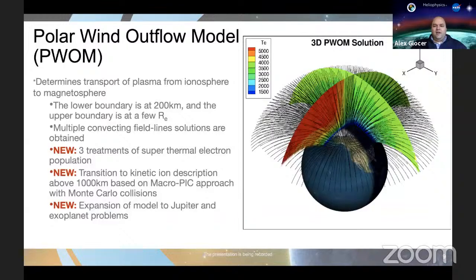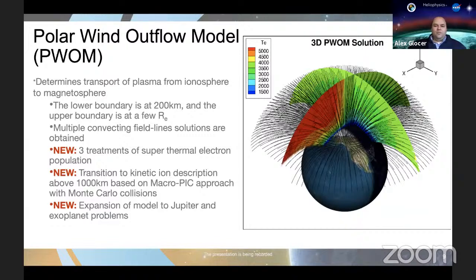And so we get a single solution along a single field line, but we solve for hundreds of field lines, and move those field lines around, and that lets us reconstruct the 3D global solution.